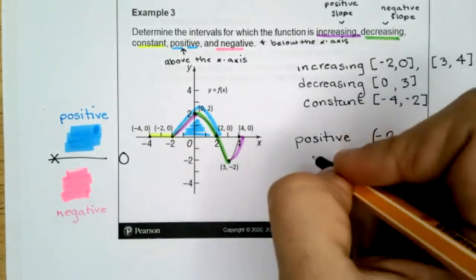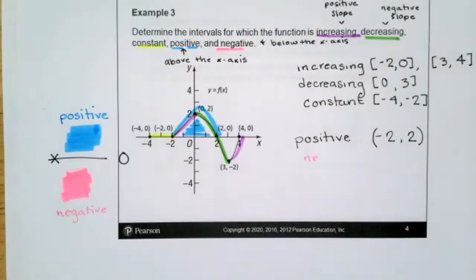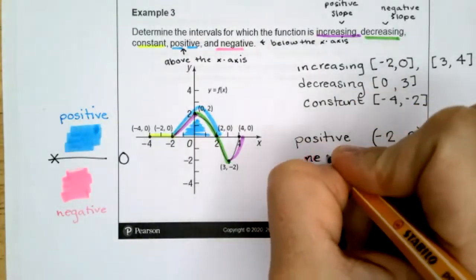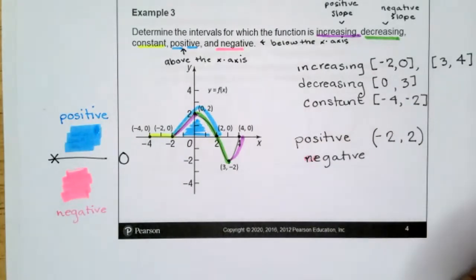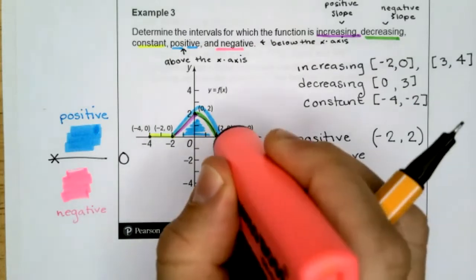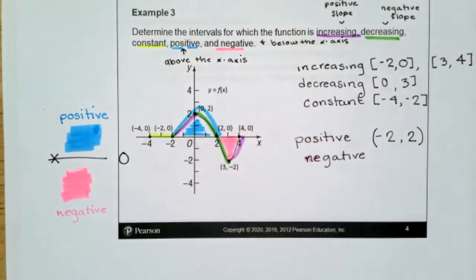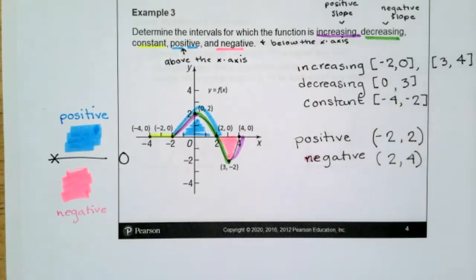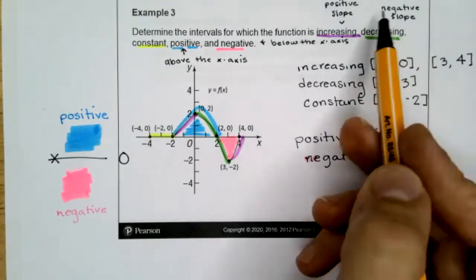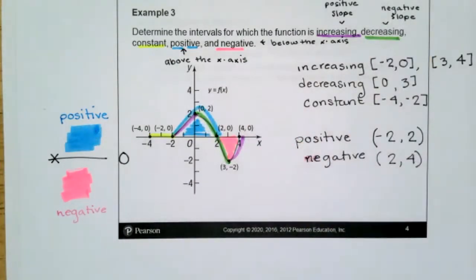I'm 0. Good. And finally, negative. I am below the x-axis between 2 and 4. Not including 2 or 4. There's a lot going on. Make sure you feel comfortable with that.